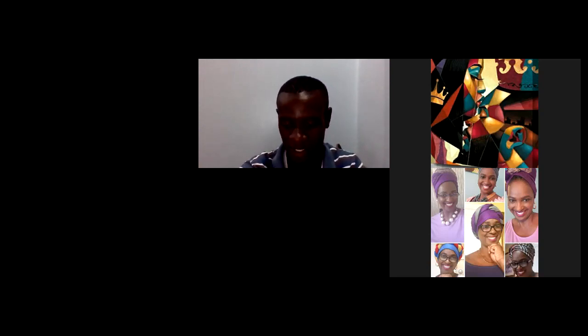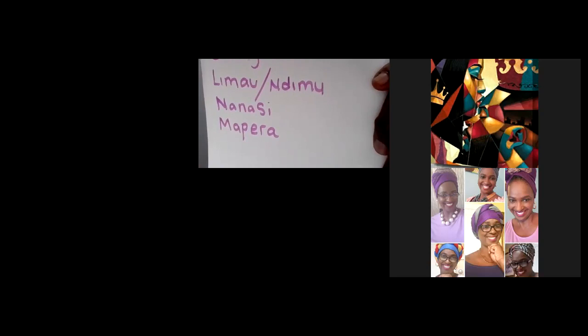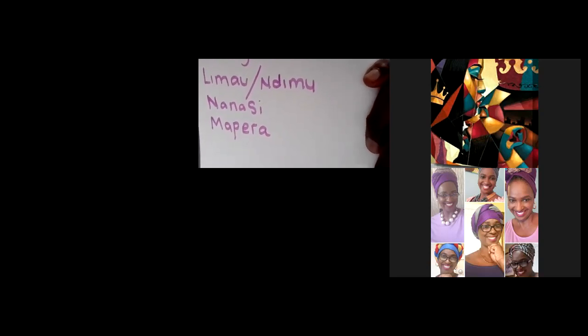Guava in Kiswahili, mapera. That's a guava. And next time I'll be writing a word in Kiswahili to find out if you're learning how to read it by yourselves. We shall be having a discussion on our next lesson.